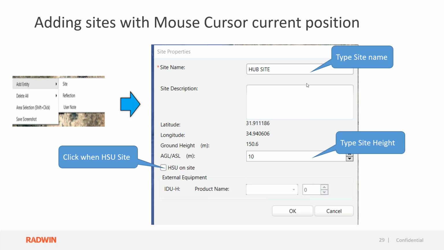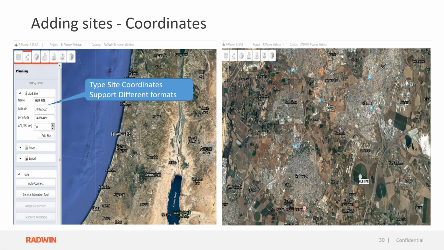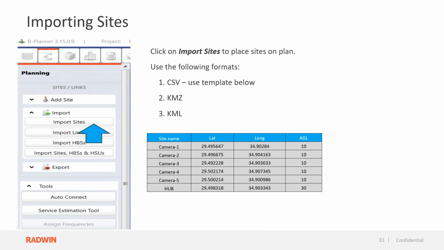And define whether it is a point-to-point or point-to-multipoint. So actually, you can add the site by coordinates, by a CSV file, or KML or KMZ file.